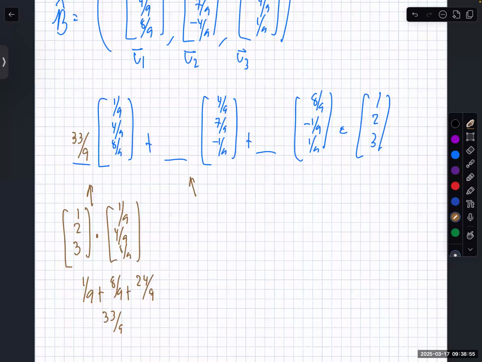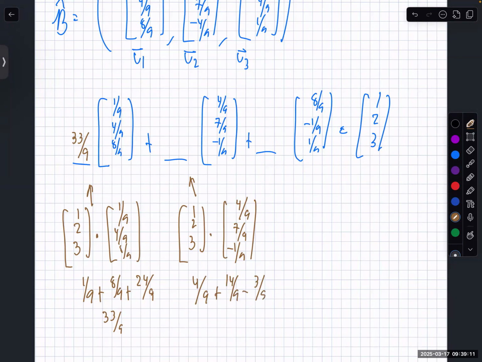And this number, instead of having to solve those equations, I just do this dot product. And I get the scalar there. And you can do a similar thing for the third one.